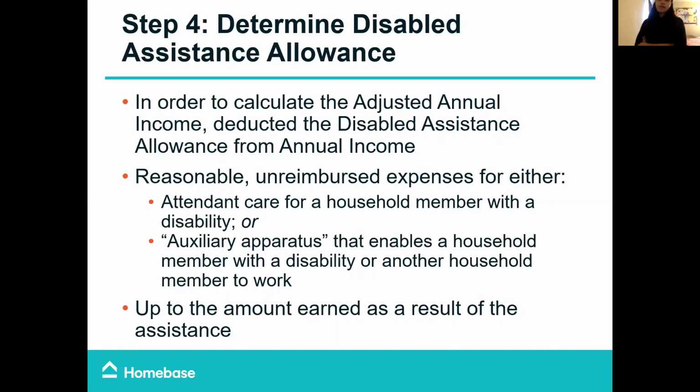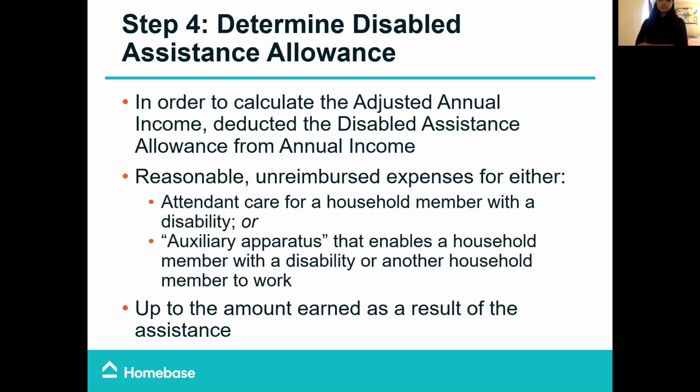That care or that apparatus, maybe a wheelchair or some other type of material thing that helps them, allows that person with a disability to work, or allows another household member to work.